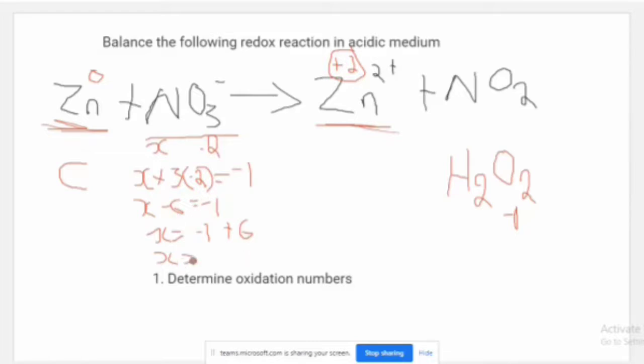So then our final answer is going to be +5. So +5 is going to be the oxidation state for nitrogen. Is it clear up to this point?